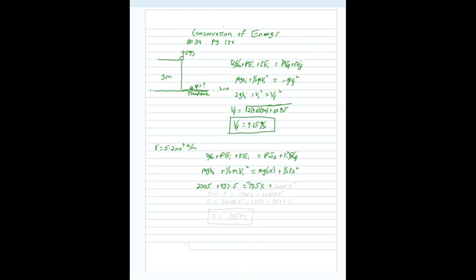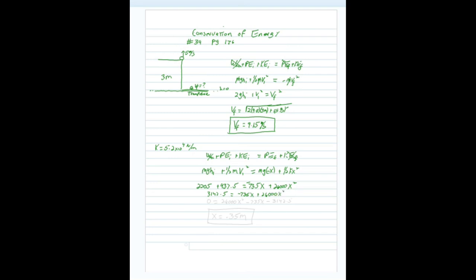And then plus 1/2 k, 0.5 times 5.2E4, is 26,000 x squared. So this is a quadratic equation that I need to simplify. 2205 plus 937.5 is 3142.5, equals negative 735x plus 26,000 x squared.